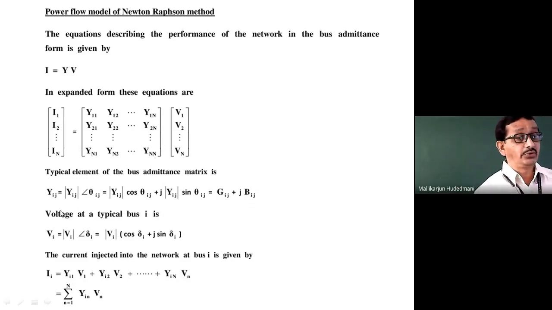Yij is equal to magnitude Yij and angle theta ij, an angle associated with that representation, which if you expand with trigonometry, you can write as the magnitude times cos of this angle plus j magnitude times sin of this. You can see that expanded form. What is this? Yij cos theta ij plus j Yij sin theta ij.